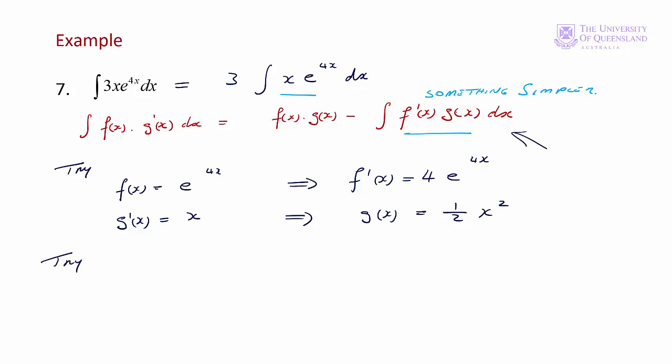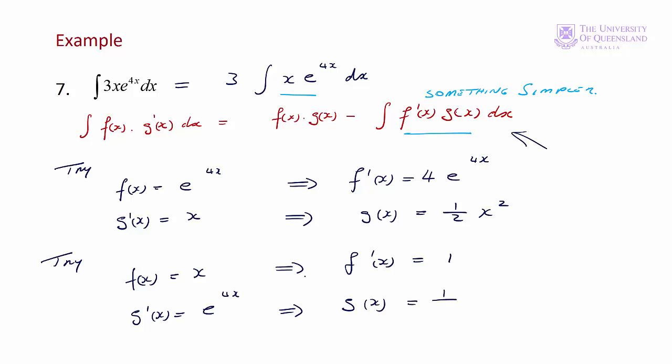This time we'll have f of x is equal to x and g prime x is equal to e to the 4x. Well, that implies that f prime x is equal to 1 and g of x is equal to 1/4 e to the 4x.